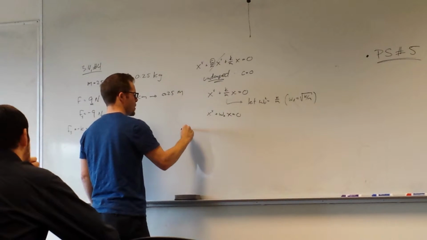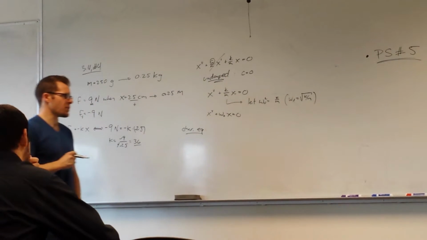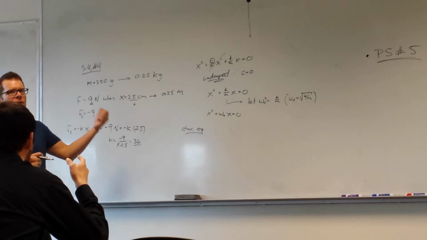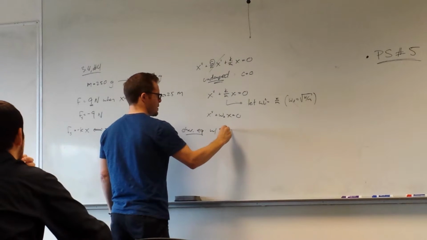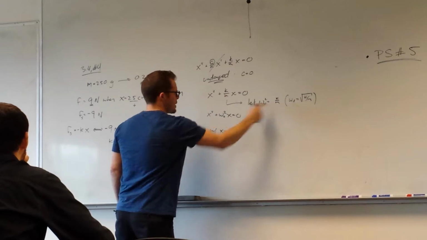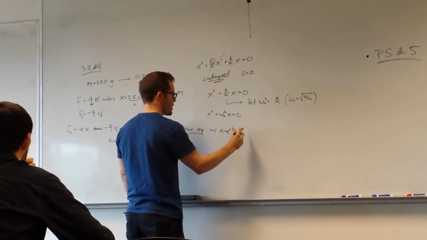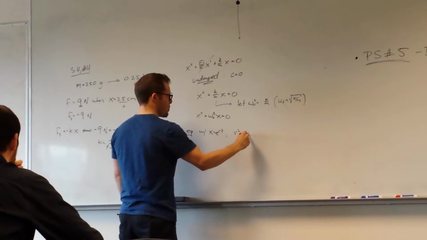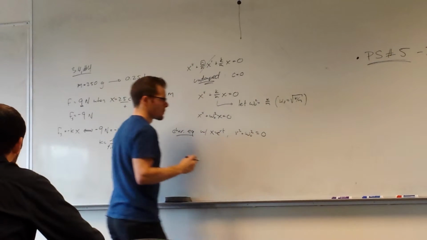x double prime plus omega naught squared x equals 0. So the characteristic equation will be what? Assuming the form x equals e to the rt. Yeah, sorry, omega naught squared, yeah. Okay, so with x being e to the rt, we get the characteristic equation r squared plus omega naught squared equals 0.